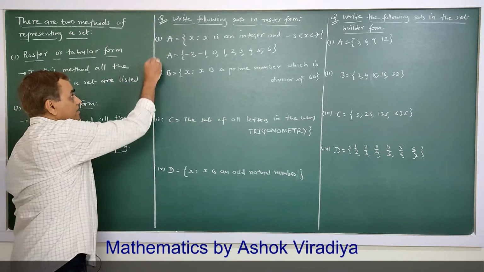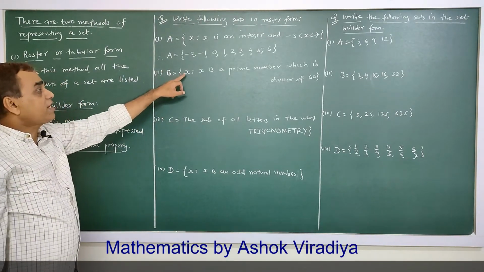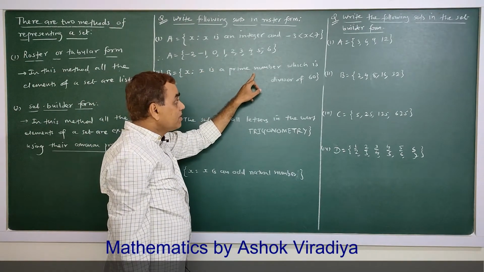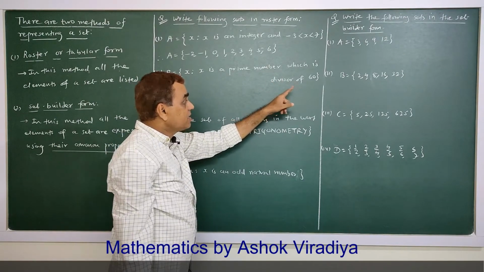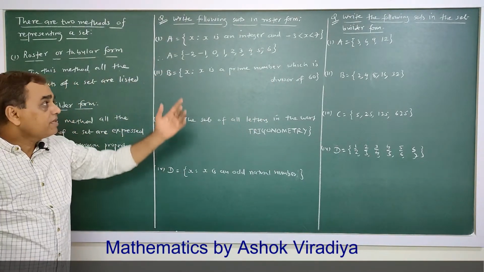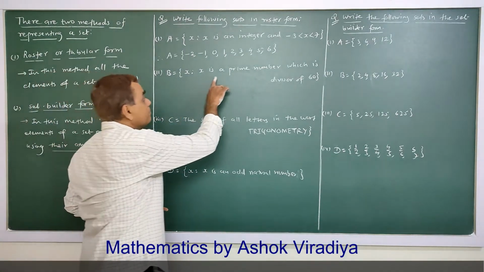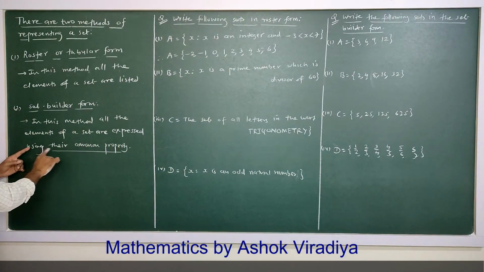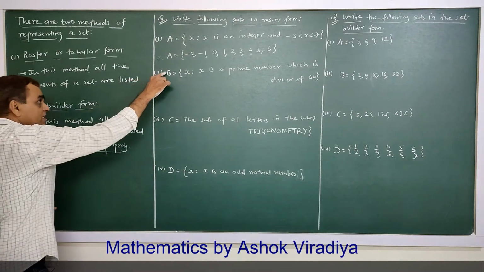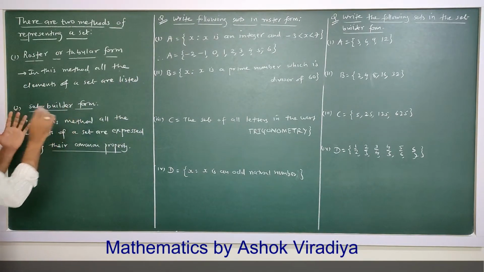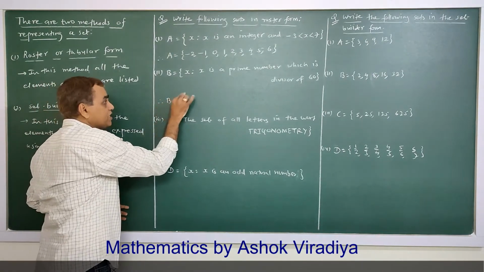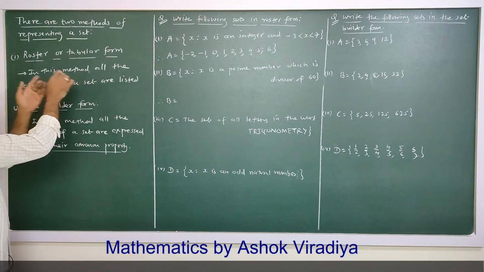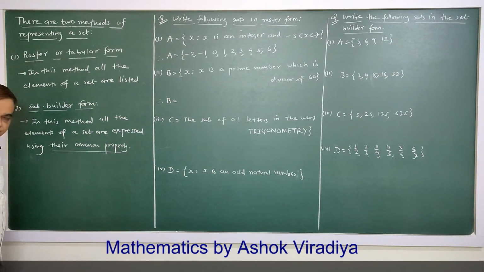Again, second example. B is the set of all x such that x is a prime number which is a divisor of 60. Prime number divisor of 60, that is the common property. So here the elements of this set are expressed using their common property. So this is set builder form, and now we are preparing the list of elements satisfying this property, in roster or tabular form.